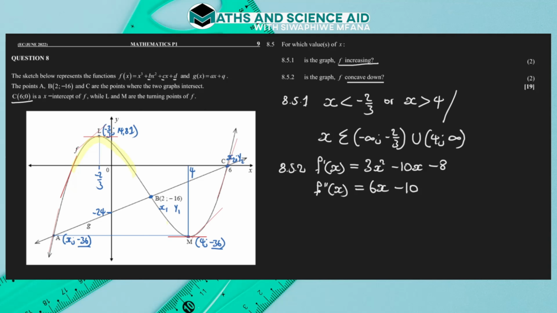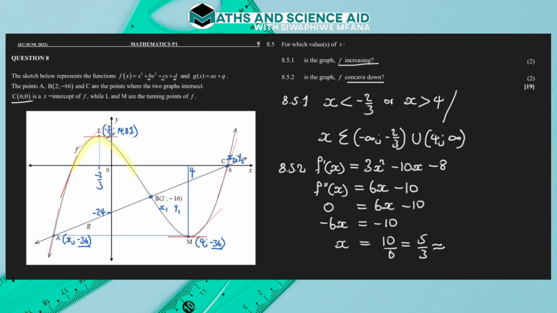And then if we make this equal to 0, what is the value of x we get? So let's transpose 6x into the left-hand side to get negative 6x equals negative 10. And then let's divide by 6 on both sides. So we get that x is 10 over 6, which we can simplify to 5 over 3.